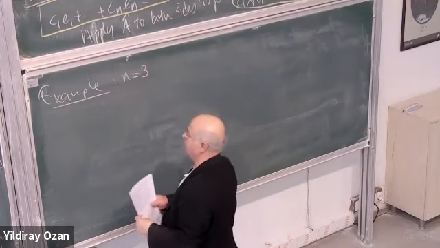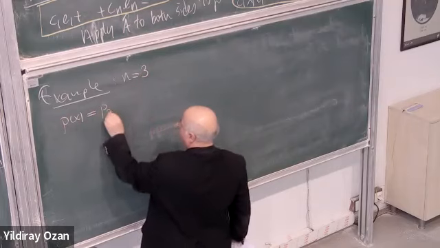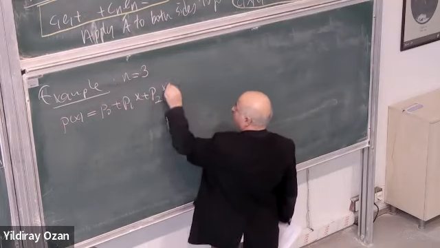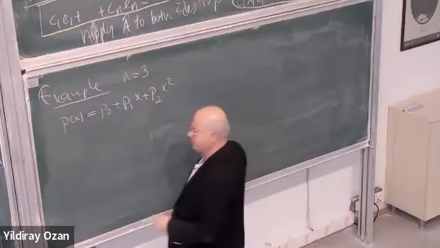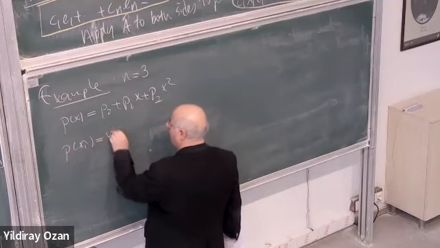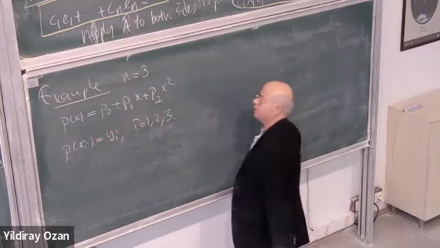What we want here is a polynomial of degree 2, so that P of xi is equal to yi for i from 1 up to 3.